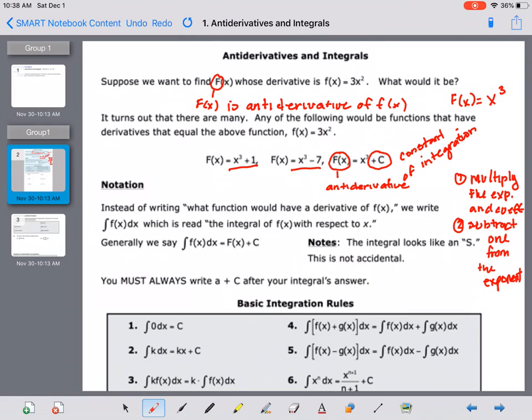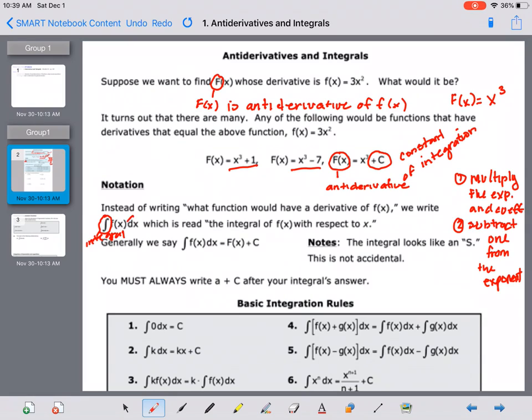So instead of always writing what would the function be that has a derivative f of x, we use this notation. This symbol is the integral notation. It's an elongated S, and the way we read it is the integral of f of x with respect to x.